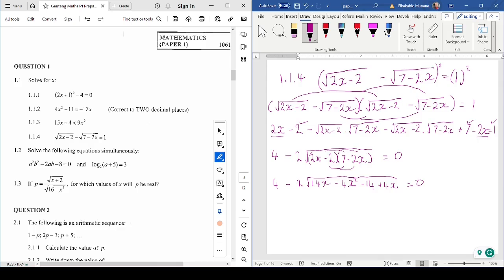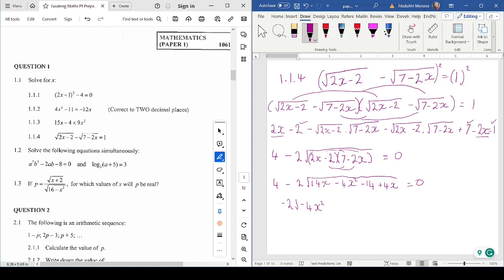Now what I want to do is simplify, but first I'll take the 4 to the other side, and I'll be left with minus 2, and then the square root. Now let me simplify this one. It's minus 4x squared, right?